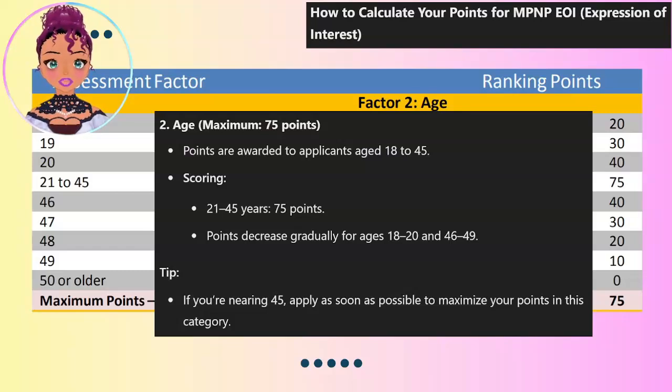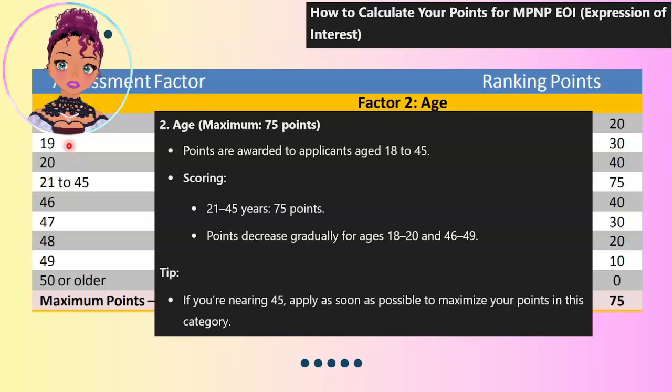So the second factor is age. Points are based on your age at the time of your expression of interest submission. So once you submit your profile, whatever age you were, you will be getting points based on that. If you look at this chart, you can see that between the ages of 21 to 45 years, that's when you're able to get the most points.